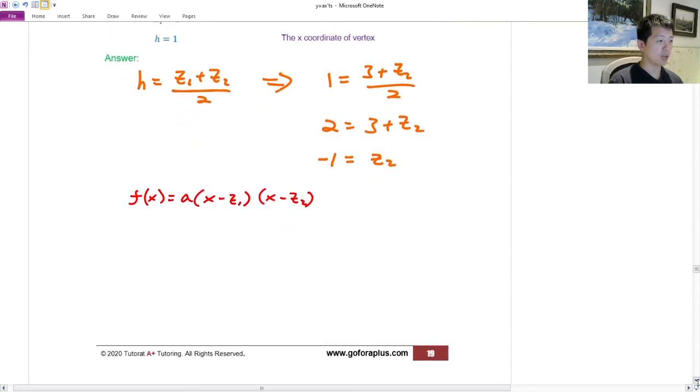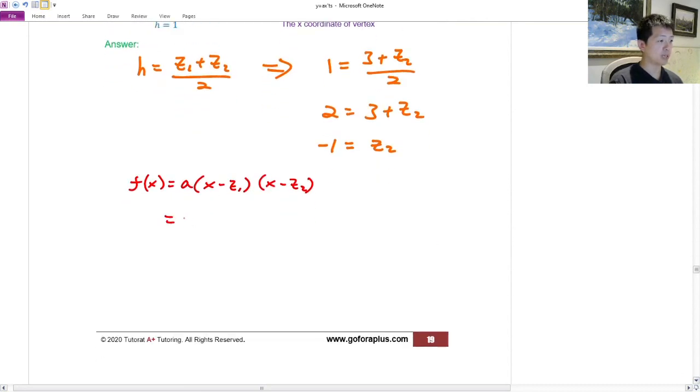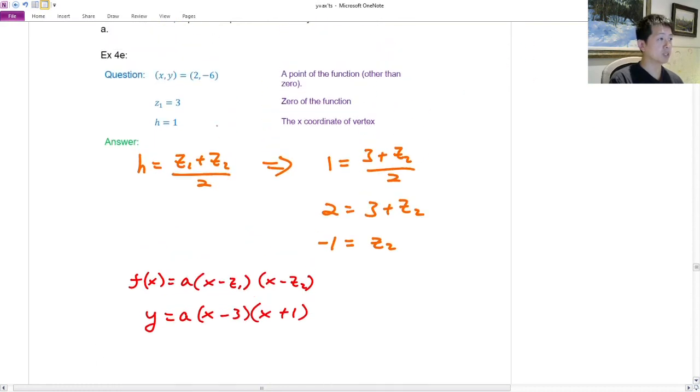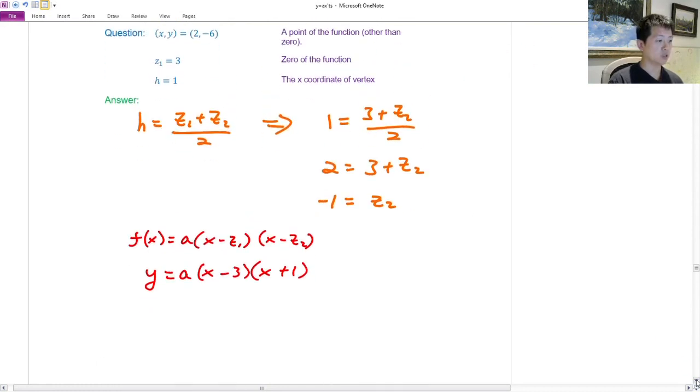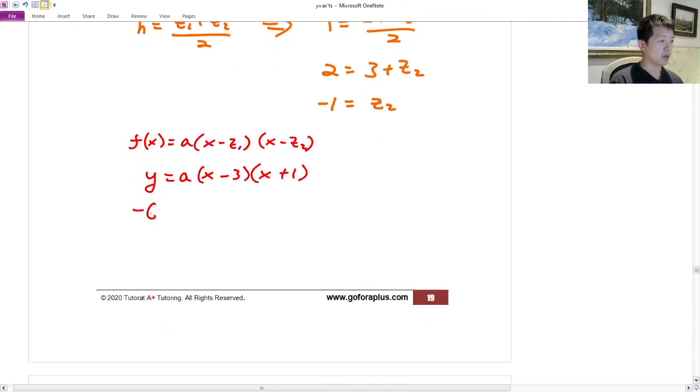Alright, so if I have that, I'll have to plug it in. Replace f of x by y. x minus the first zero, which is 3. The second zero is minus 1, which is plus 1 here. Now replace the point. What is the point again? The point is (2, minus 6). So by replacing that, minus 6 equals a times (2 minus 3)(2 plus 1).